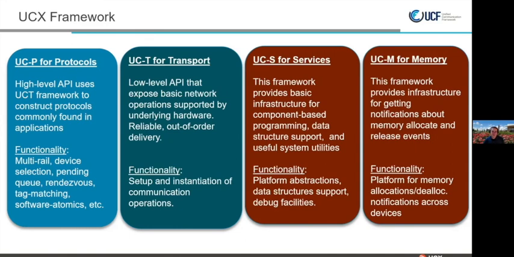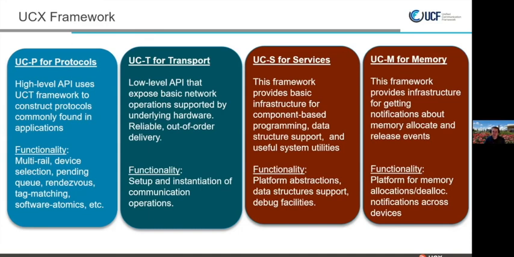UCT is where you actually can make some of those decisions, where you can say, okay, I need to specify how some higher level function call is going to send data. If you want to do that, then you operate with this low-level API, UCT. This is also used to set up and instantiate these endpoints and the RDMA communication between them.